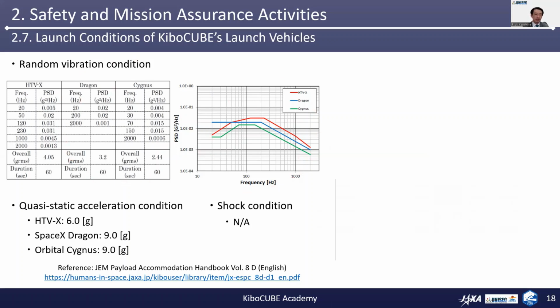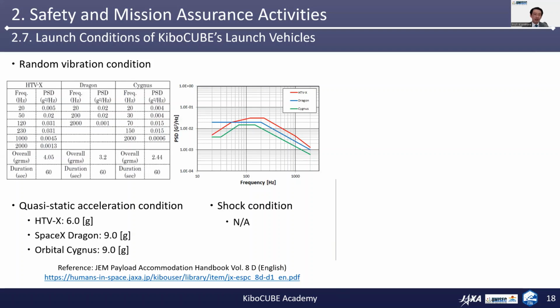As the KiboCUBE Academy CubeSats are stored inside the cargo transfer bag, or CTB, with soft packing materials, the random vibration condition is milder than that of a direct launch into orbit by other typical launch vehicles. And also, there is no shock requirement. This means that unlike a normal launch by a rocket, you can ignore shock conditions during the launch and transfer.